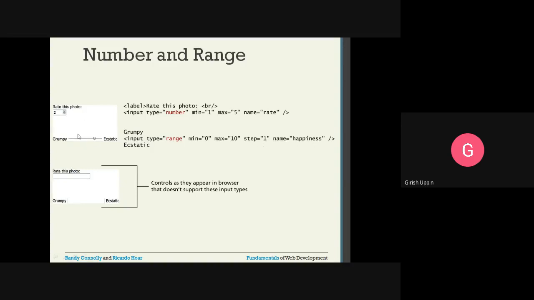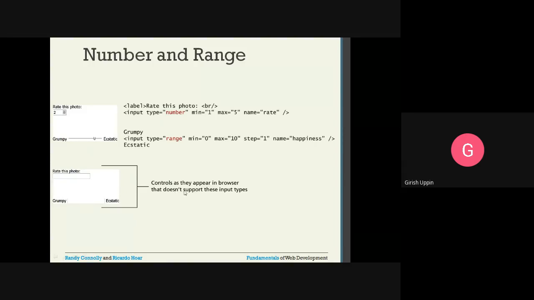You want a control like this, based on the user's click. There is no definite number here. The user just feels whatever value he wants to give towards grumpy, and he will choose towards grumpy. Automatically the related value will be sent as happiness.